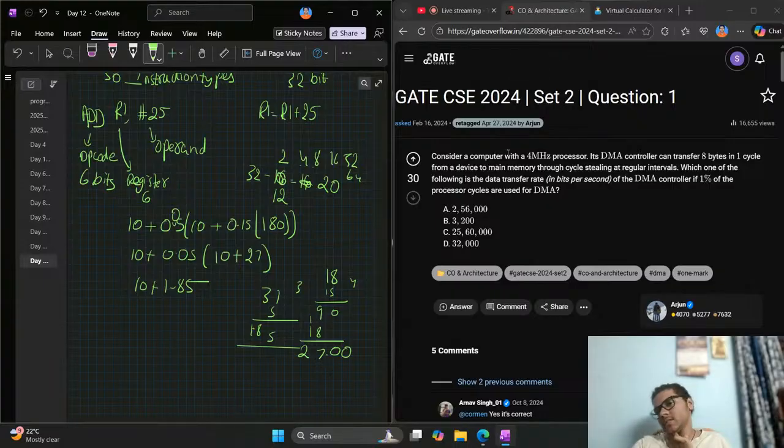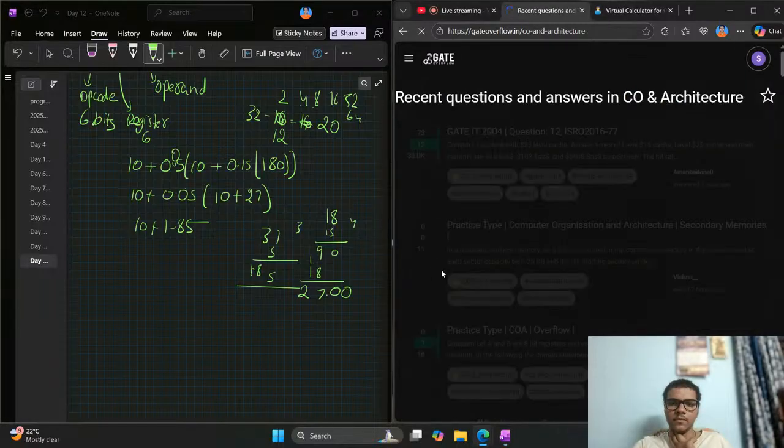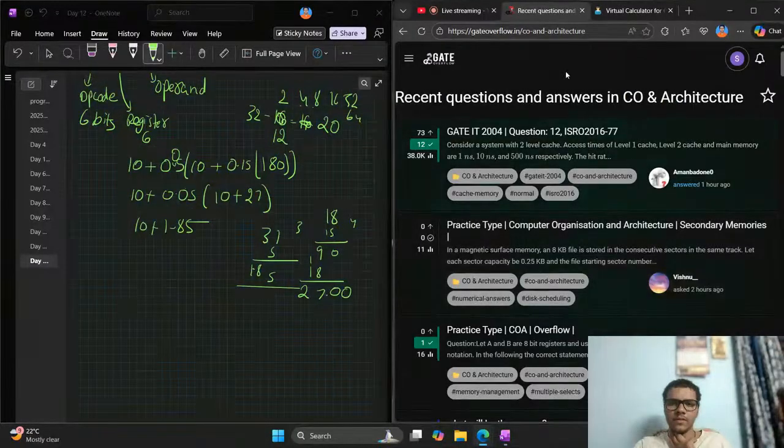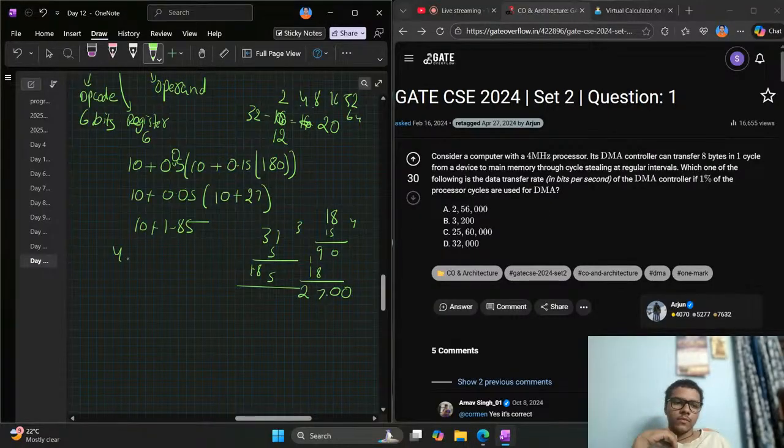If the DMA controller can transfer 8 bytes in one cycle from device to main memory through cycle stealing at regular intervals, which one of the following is the data transfer rate if 1% of processor cycles are used for DMA? 4 megahertz.